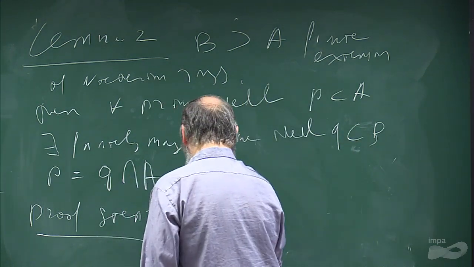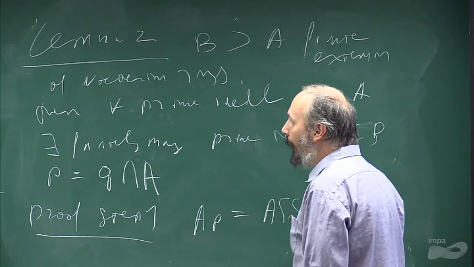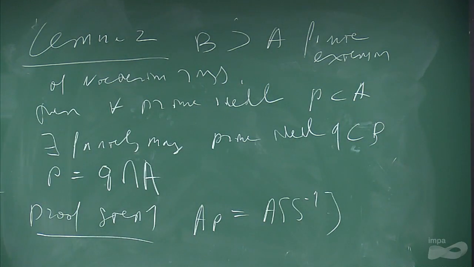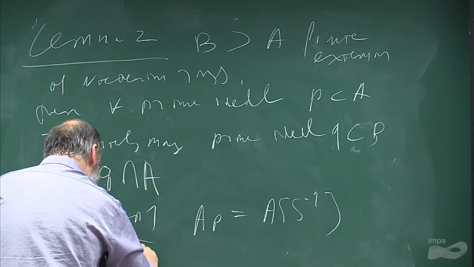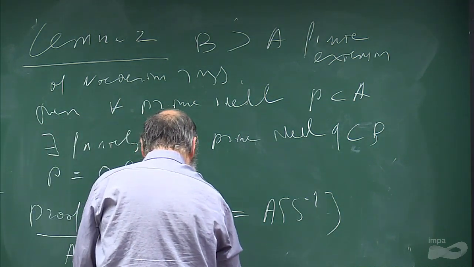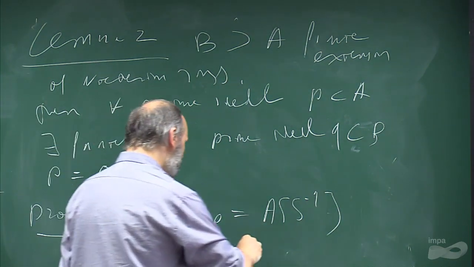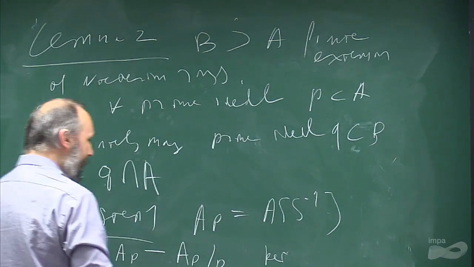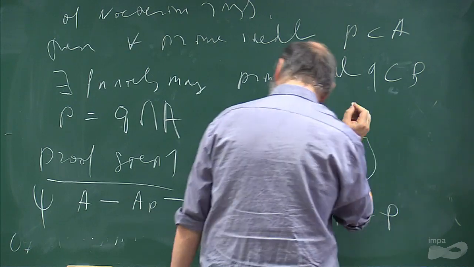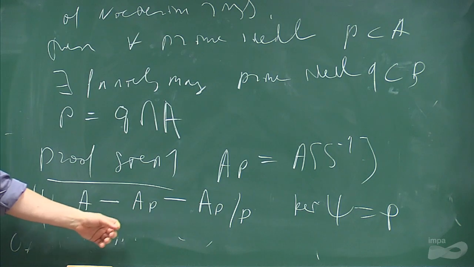You have A_P, as usual, is S^{-1}A, where S is written there. You have a map from A to A_P, to A_P quotient by P. The kernel of this map, let's call it psi, is equal to P. This is an embedding.